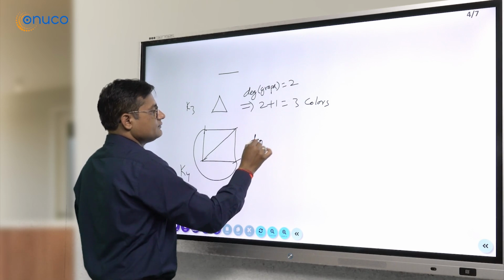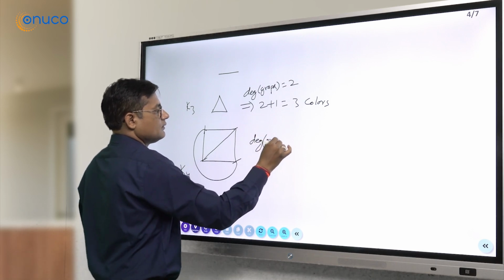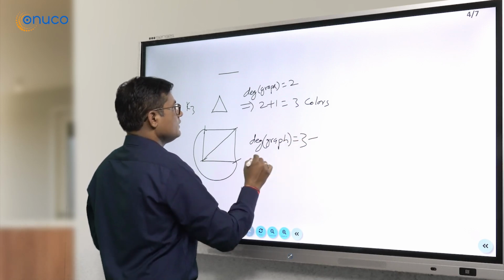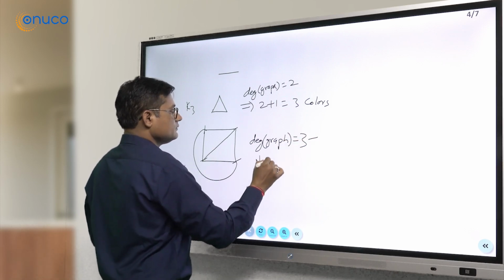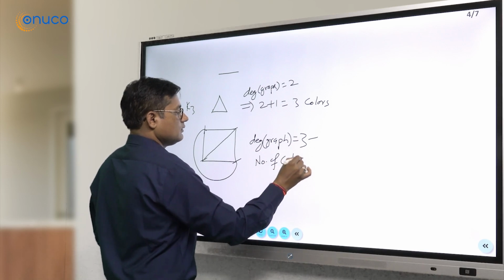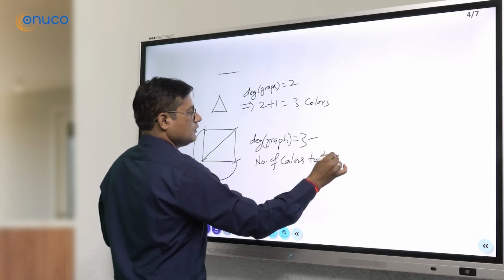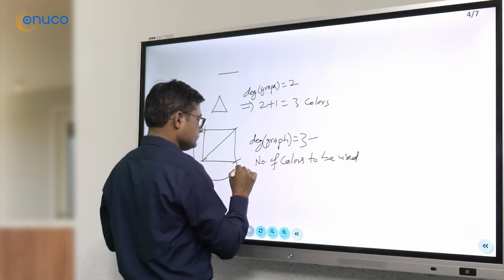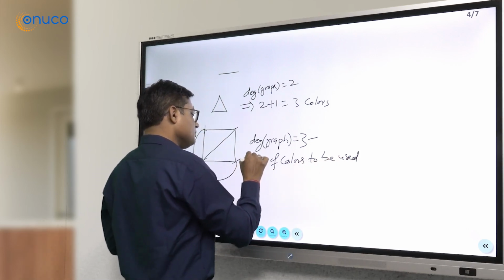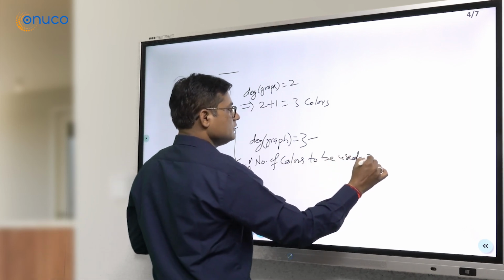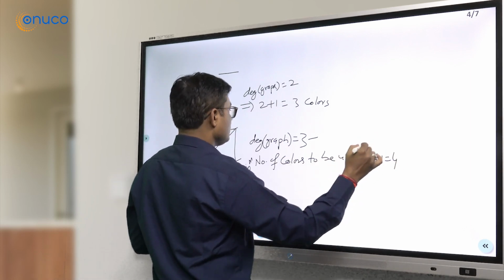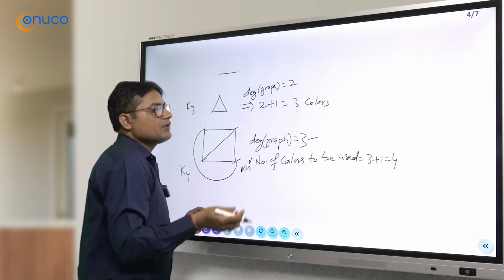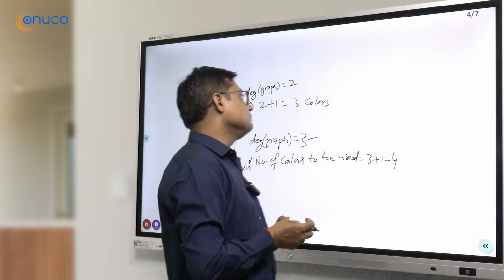Here the degree of the graph is 3, hence the number of colors to be used is 3 plus 1, which is 4. When I talk about the number of colors to be used, it is the minimum number of colors. That minimum number of colors is called the chromatic number.